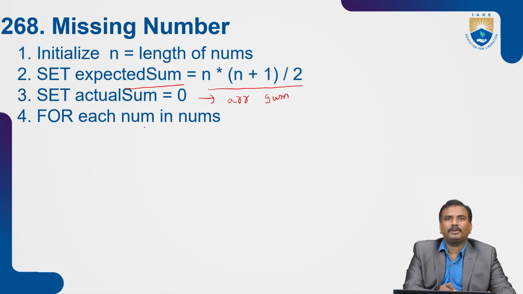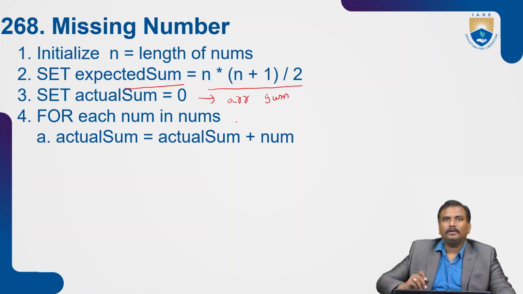And for each number in nums, that is, we are taking all the numbers in the nums array. For each number in nums array, what we are going to do? We are going to write actual sum is equals to actual sum plus number.